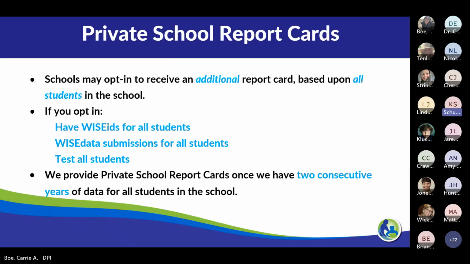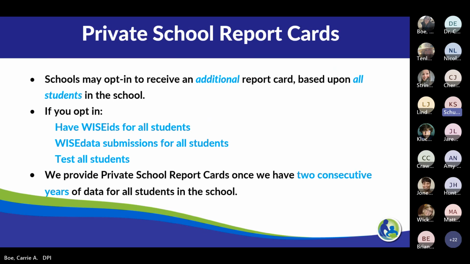All right, so we talked before about the report card for choice students in your school. That's a report card you'll receive. It's a required report card, but you can opt in to receive an additional report card on all of your students in the school, so your choice students and all students in your school. Again, it's an option.